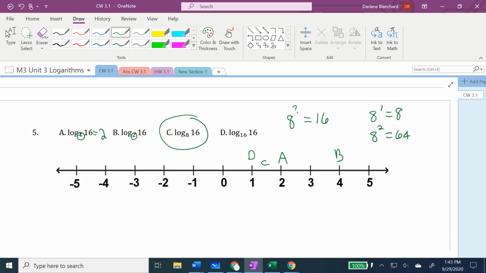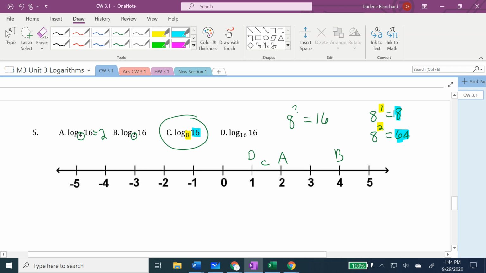So that's what we would do for the rest of them that are uneven like that? Right. You're just trying to figure out, and if you kind of make a table for that particular base and exponents 1, 2, 3, or -1, and so on, you're just trying to figure out the number that they are putting in the logarithm.